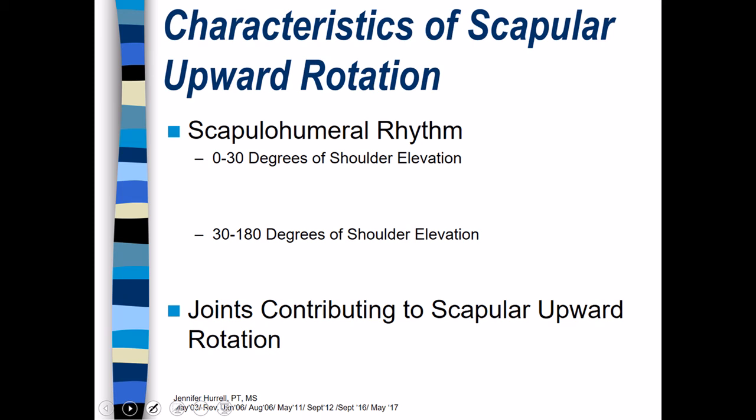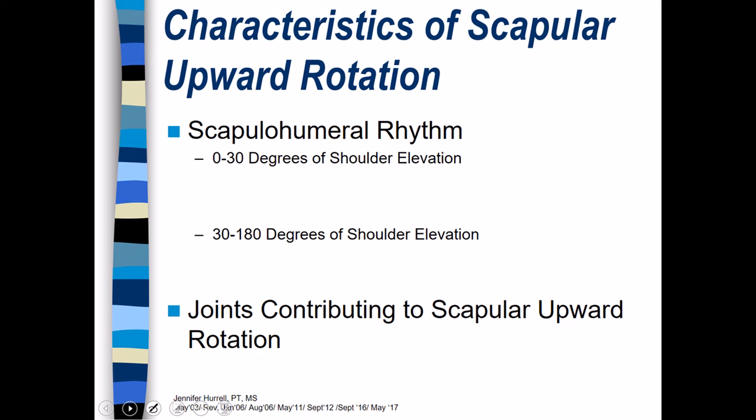It could be elevating in the plane of the scapula, 30 degrees forward of the frontal plane, or it could be anything in between. So anything between flexion and abduction, anywhere in here, as I'm lifting up overhead, it's all elevation. So this scapulohumeral rhythm applies to all forms of elevation: flexion, abduction, and everything in between.